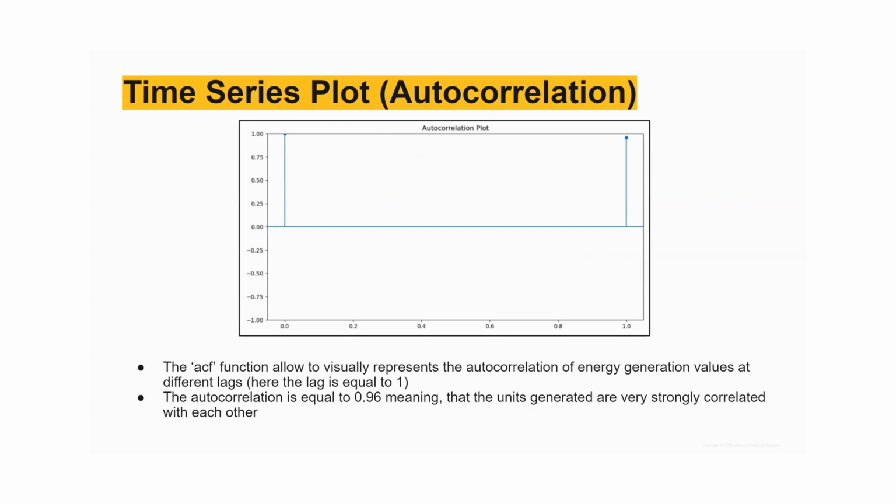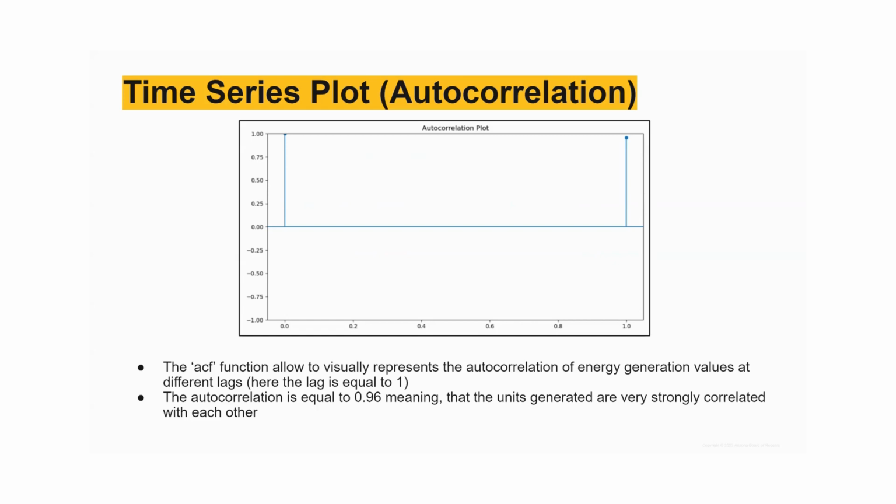Now moving to the autocorrelation, we have this autocorrelation plot as well, which basically helps us to determine the correlation between the energy output with time. So basically, this autocorrelation function was visually represented, and the lag value here was 1, because the lag value 1 represents that for every 6 hours the data was compared with the last 6 hours.